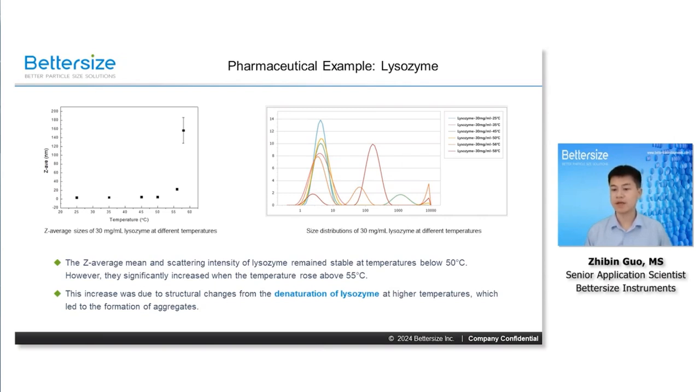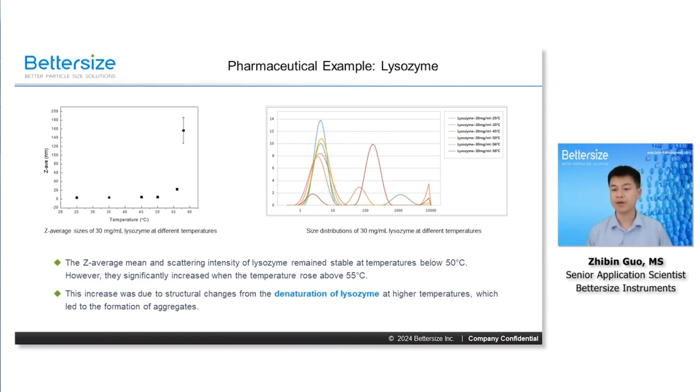This stability indicates that lysozyme maintains its structural integrity at these temperatures. However, when the temperature rose above 55 degrees, a significant change was observed. The Z-average size increased notably, suggesting that the lysozyme molecules began to aggregate.